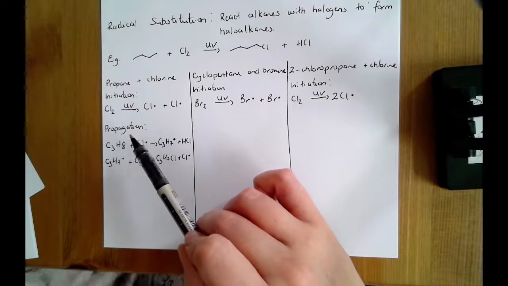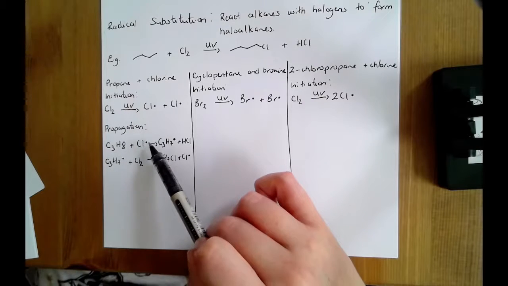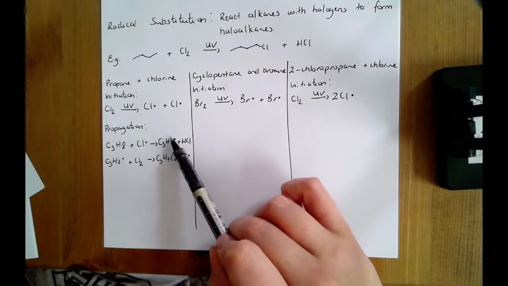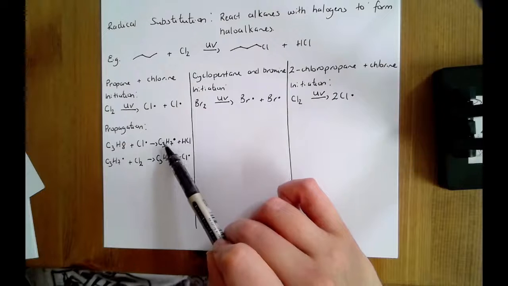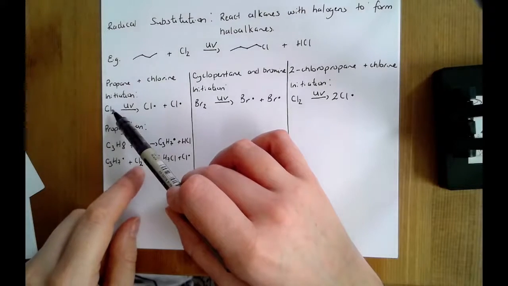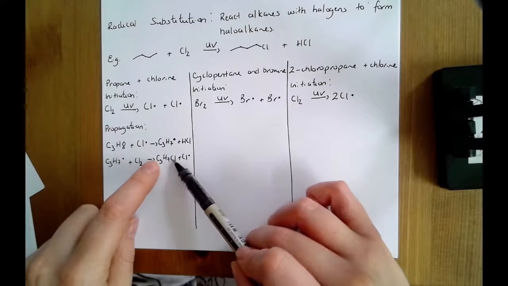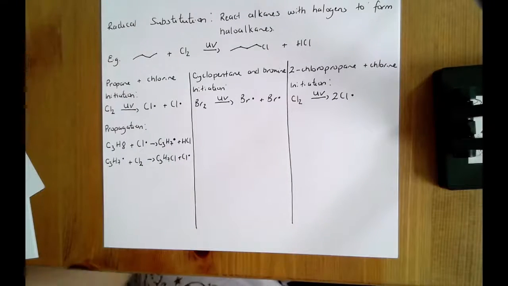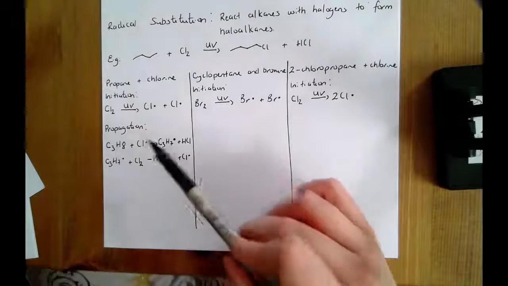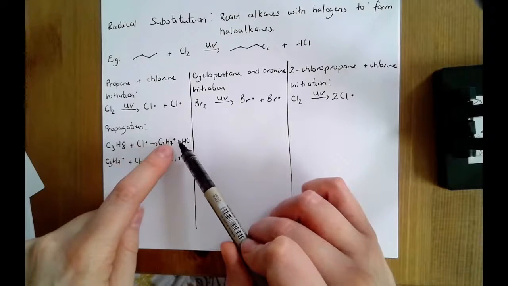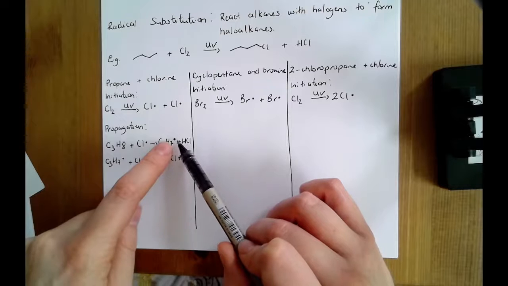In your propagation step, you take your reactive radical and you react it with the alkane. But in doing so, you generate another radical. You generate this alkyl radical, which can then go on and react with any Cl2 that you've still got knocking around. It can form the haloalkane, which is your product, and also forms another chlorine radical. So the reason this is called propagation is you start with something reactive, a radical, but the product of your reaction also contains a radical.